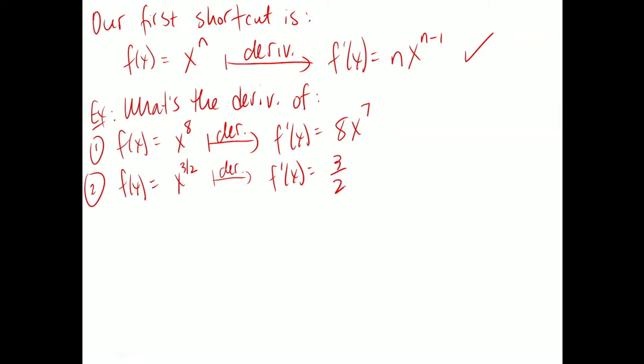That becomes the coefficient. So 3 halves becomes the coefficient. And then x. And then I'm supposed to subtract 1 from the exponent. Well, 3 halves is 1 1/2. So if I subtract 1 from 1 1/2, that just leaves me with a half. Okay? So that would be the answer. Again, that took me about 5 seconds to do.